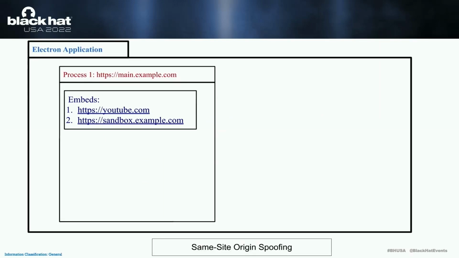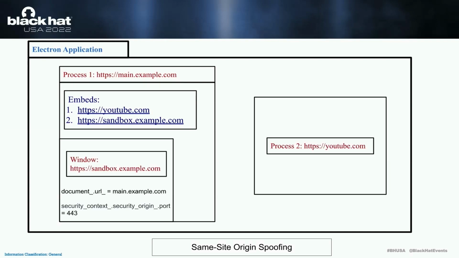Within an Electron app, let's say you want to load a website known as main.example.com. Chromium will internally create a process, for example process 1, for this. Now within main.example.com, if you want to implement iframes, for example youtube.com and sandbox.example.com, let's see how many processes it creates for these two iframes.